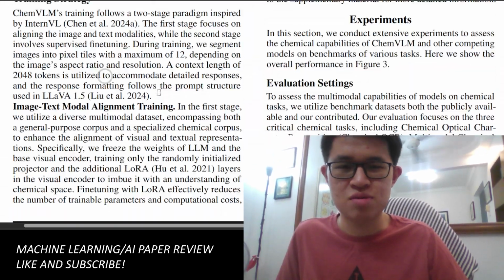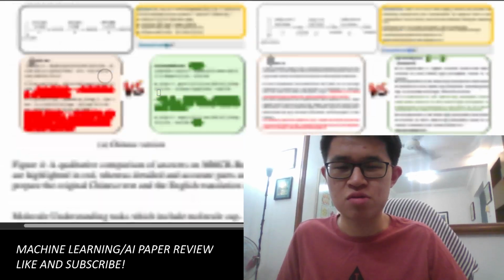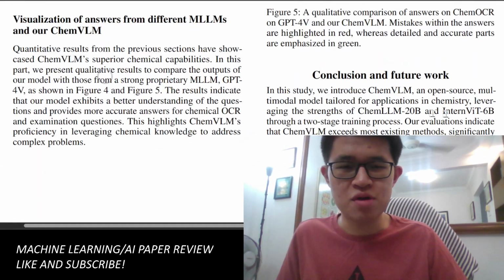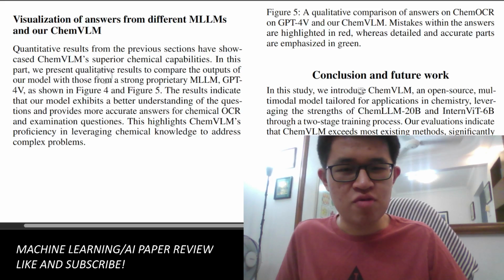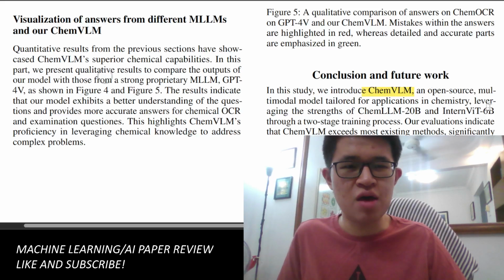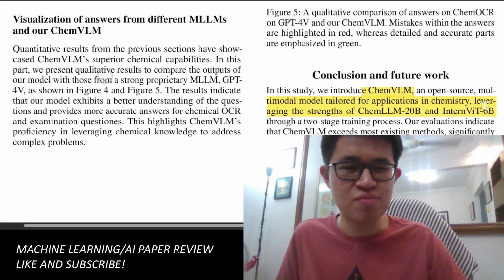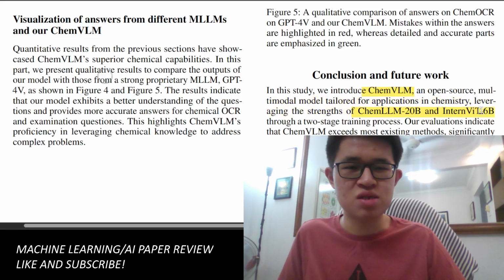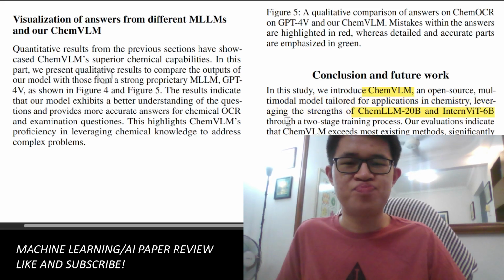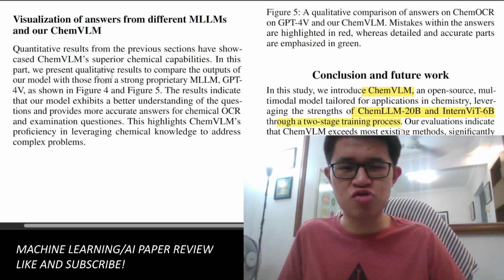Conclusion, where is it? Any conclusion? Yeah, okay, right. In this study, we propose ChemVLM. It leverages the strength of ChemLLM 20 billion and InternViT 6 billion through a two-stage training.